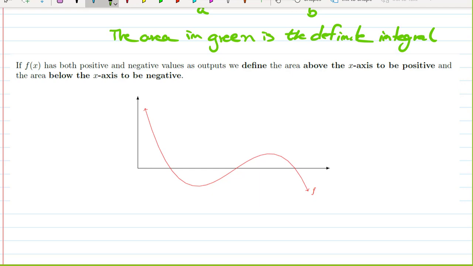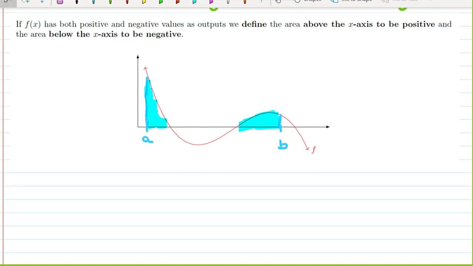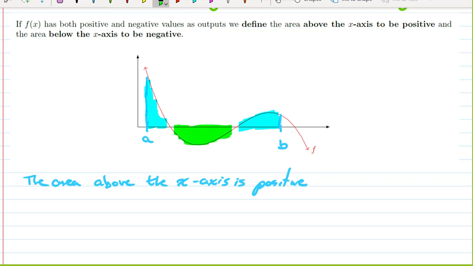So if I have the integral from a to b, area that's above the x-axis, so here and here in between a and b, so the area above the x-axis is positive, and the area below the x-axis, so here, is negative.